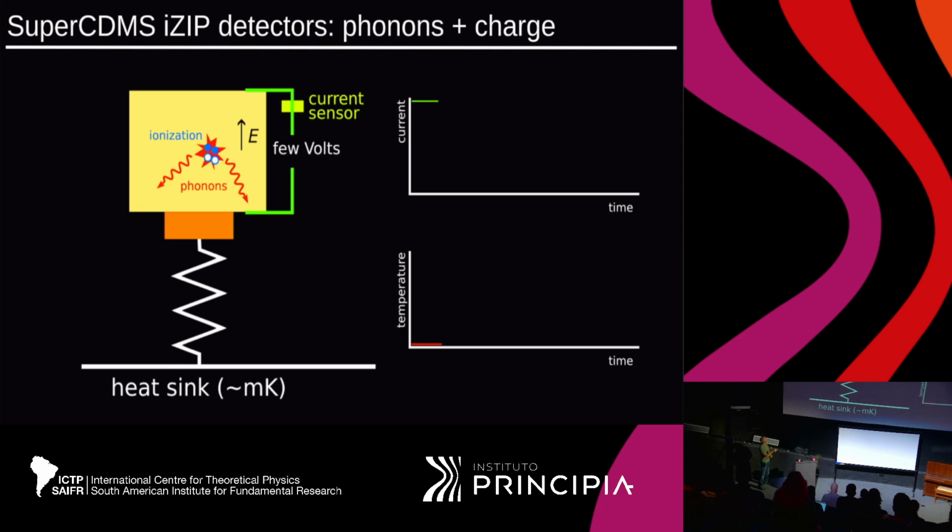Again, we have an absorber, and as always, we will produce phonons when there is an energy deposit, but instead of selecting a material that produces scintillating photons easily, here we want to select a material that produces ionization easily, okay?